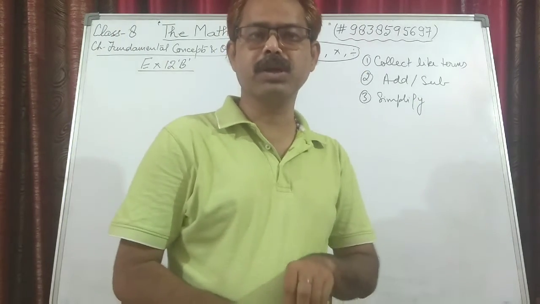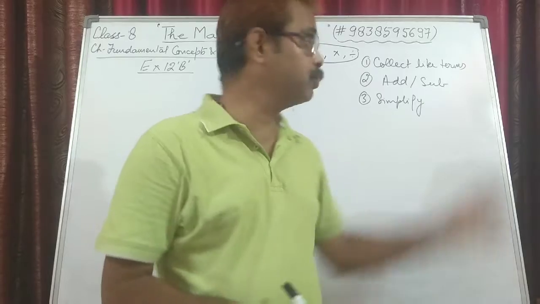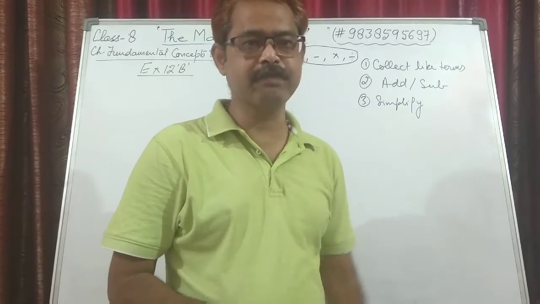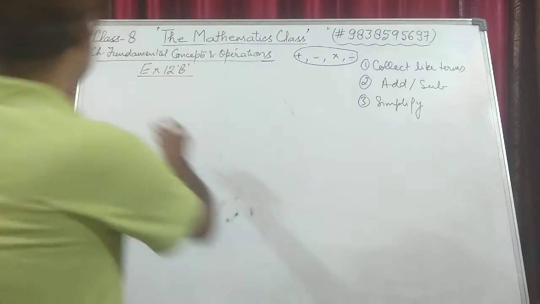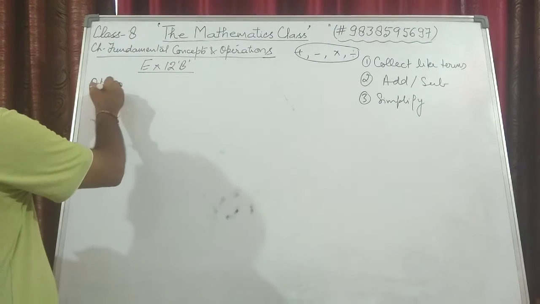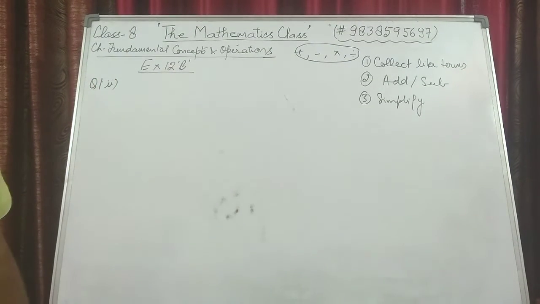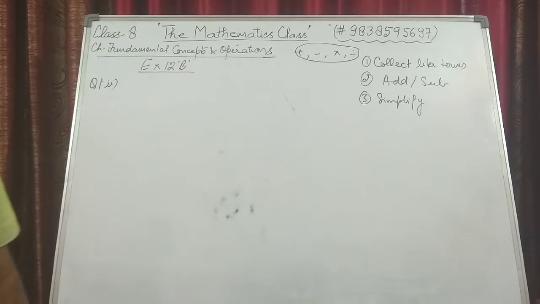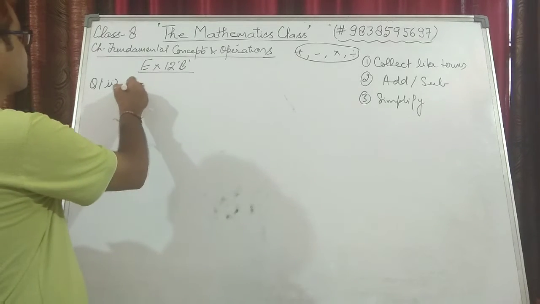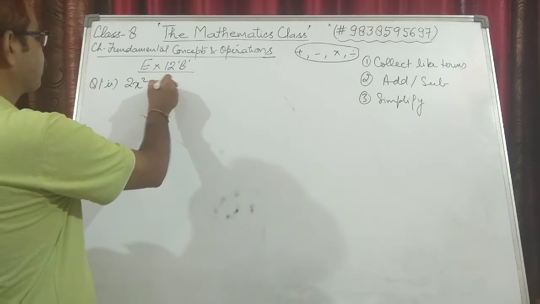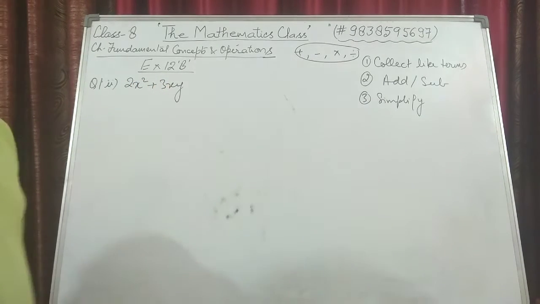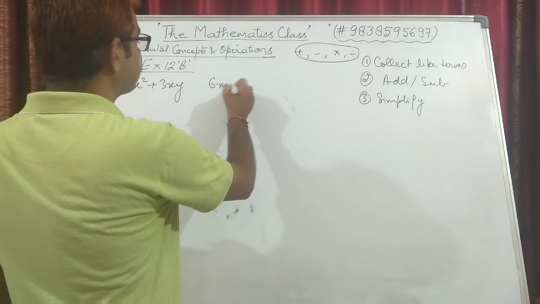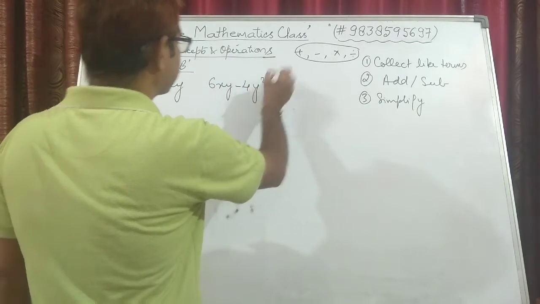Now we move on to the questions, and I'll be explaining these things according to the question. In question number 1 there are 5 parts. We'll start from the second part. The question says add the following: 2x square plus 3xy, and 6xy minus 4y square.